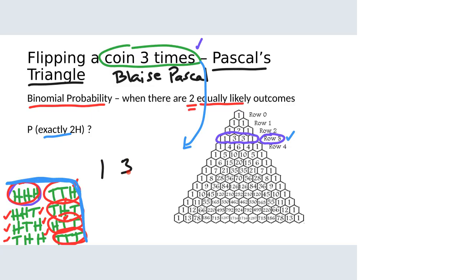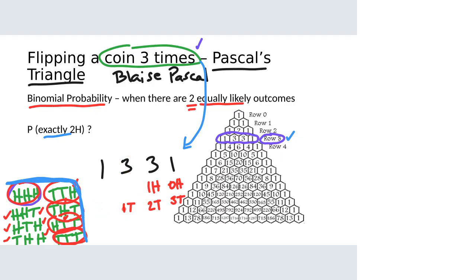We've got our 1, 3, 3, 1. When I labeled this a minute ago, I did, okay, this is 3 heads, which means no tails, 2 heads, which means 1 tail, 1 head, which means 2 tails, and no heads, which means 3 tails. And you can see that I got 3 out of 8 for our probability here in this question.